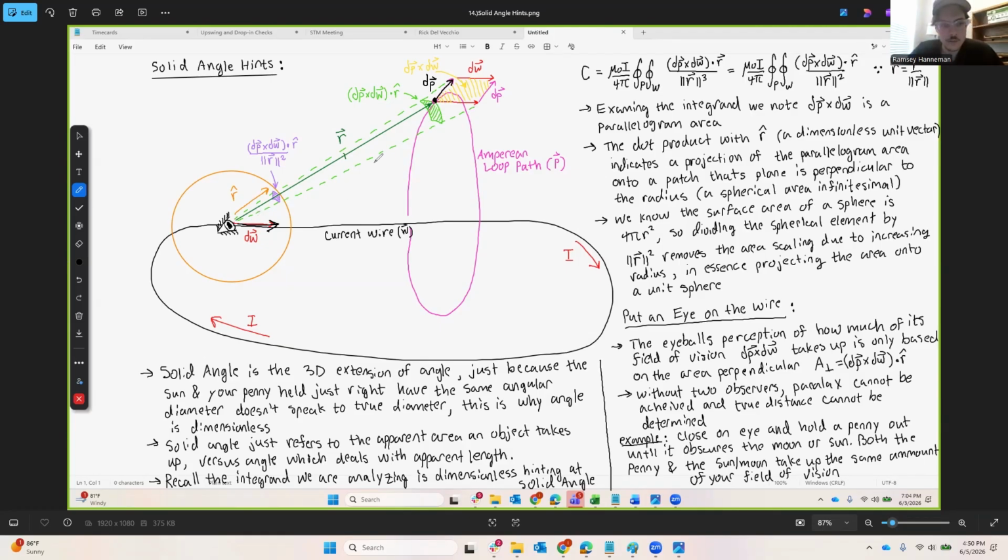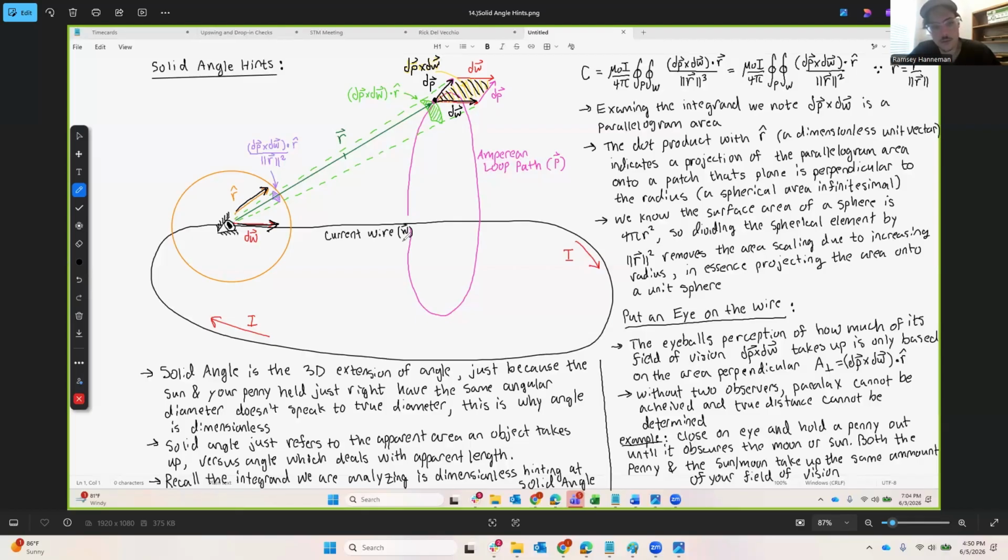And we stack dp and dw tip to tip, and we create this parallelogram area. This parallelogram area is dp cross dw. Then the radial unit vector always points in the direction the eyeball is looking.